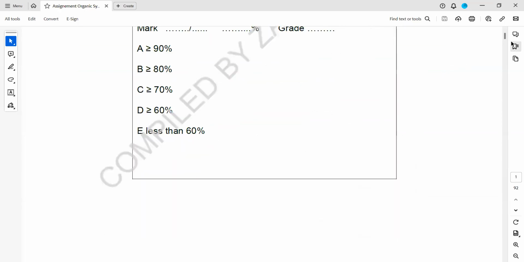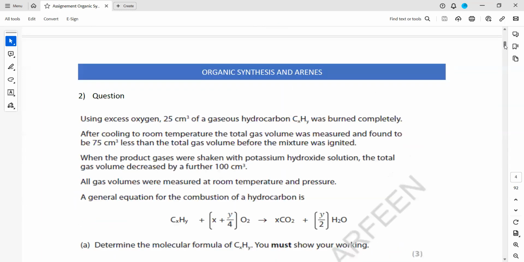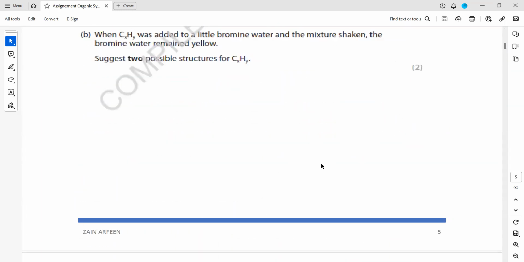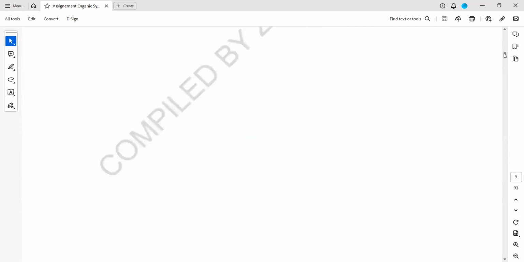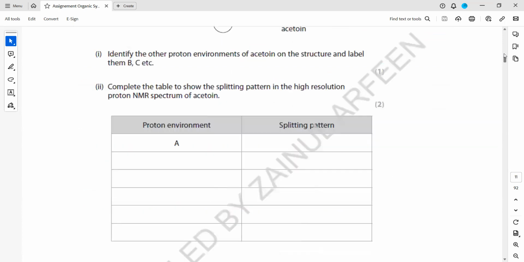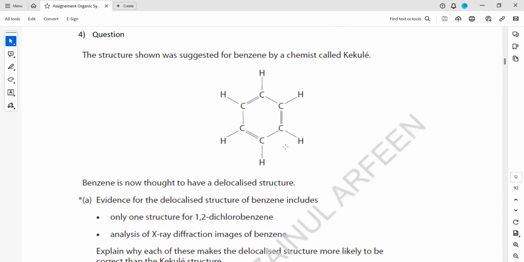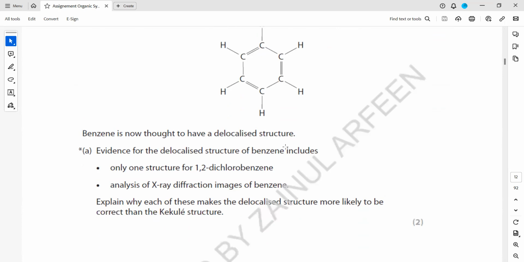So, organic synthesis and arenes, question 4 also we will do. In question 4, the structure proposed by Kekulé for benzene is now thought to have a delocalized structure.